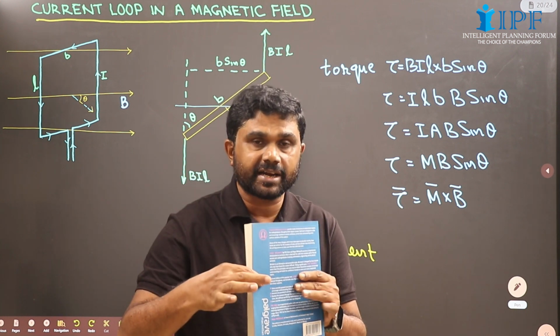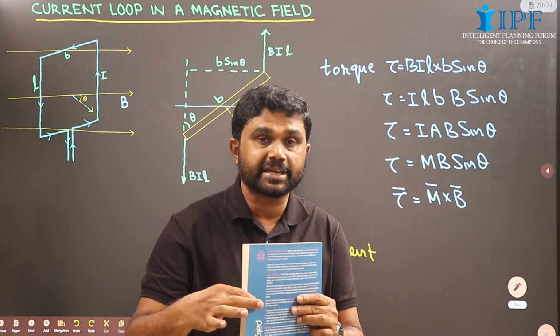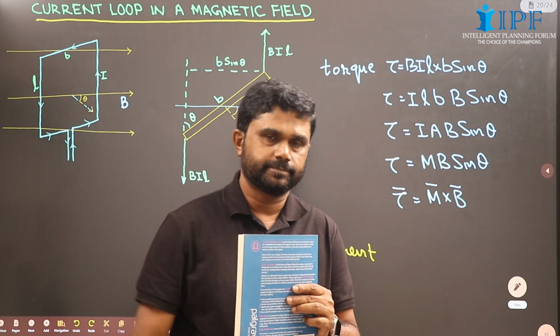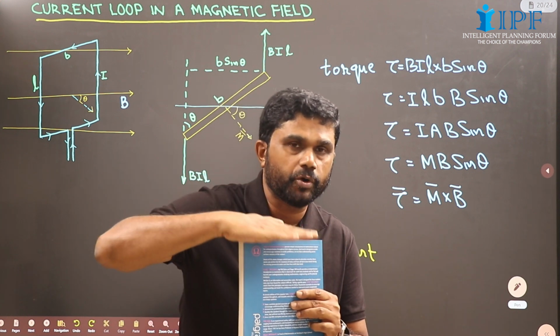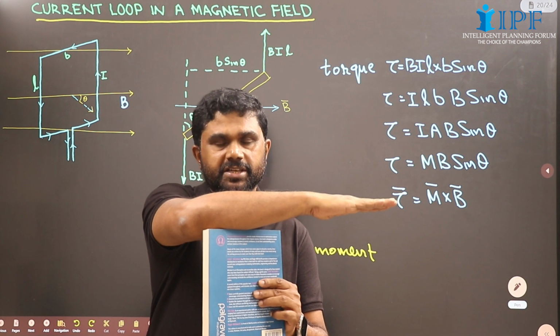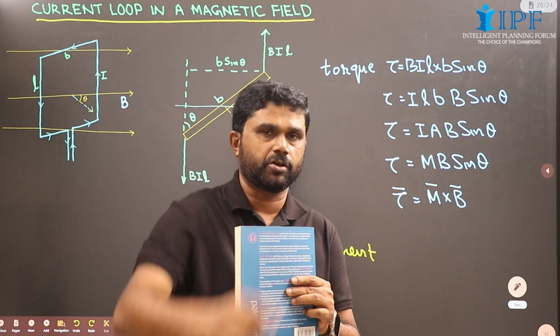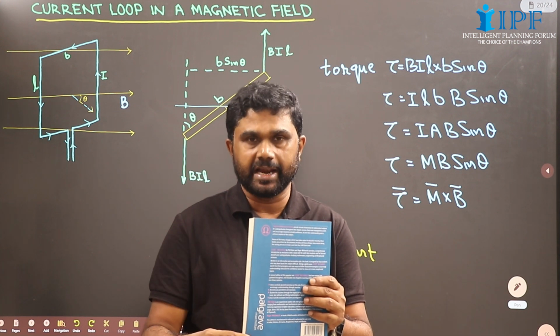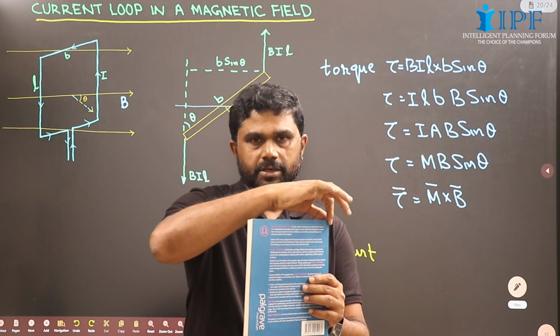And this rectangular current loop will act as a magnetic dipole, and the dipole moment is along the outward normal. The normal to the plane of the coil makes an angle theta with the direction of the magnetic field. The magnetic field is along the horizontal, and this is the outward normal. This conductor is of length L, and this is the breadth of the rectangular coil.